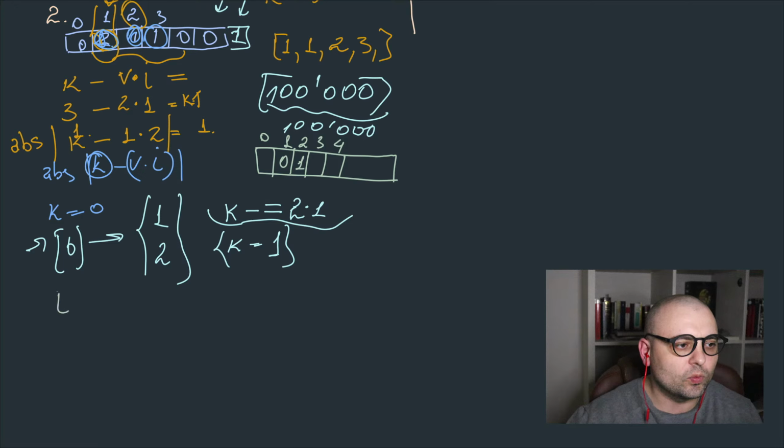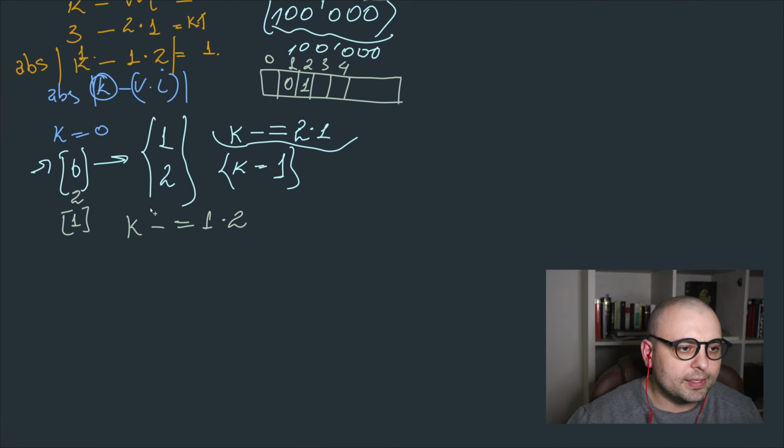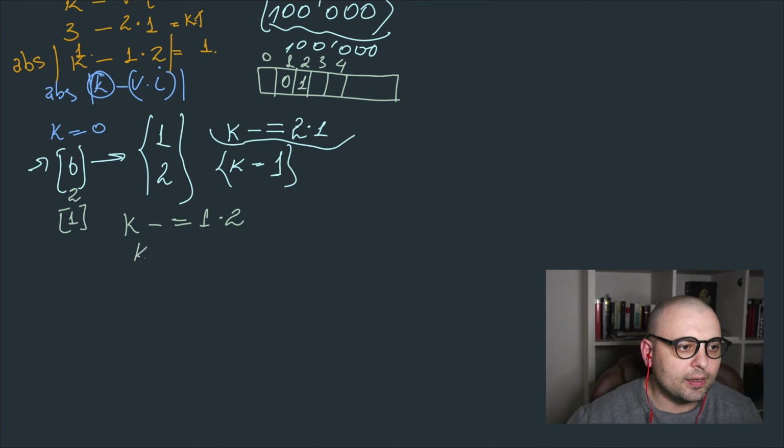So next item will be 1 at index 2. So what's the formula? K minus 2 multiplied by 1, where actually in this case it will be 1 multiplied by 2. So this means k goes out of bounds.